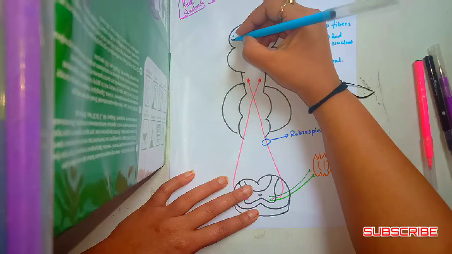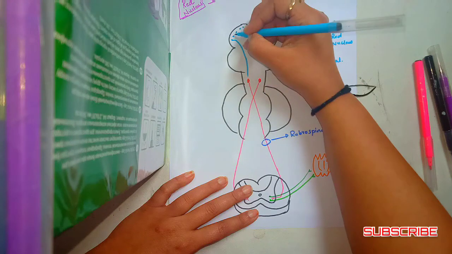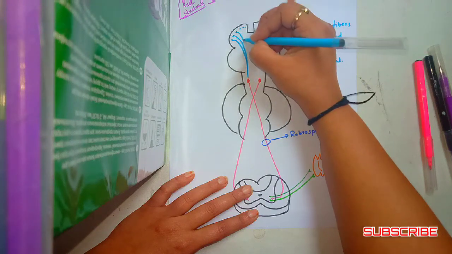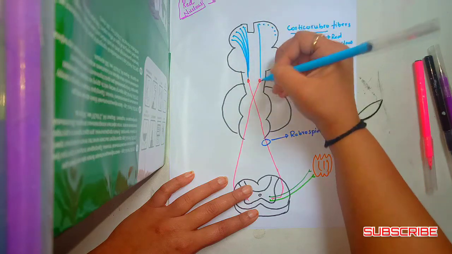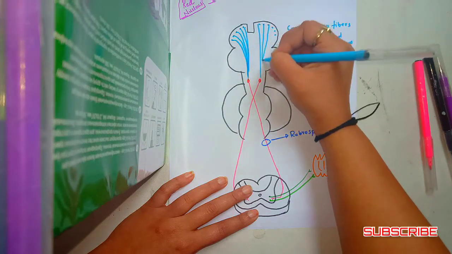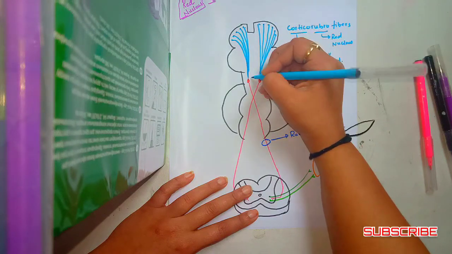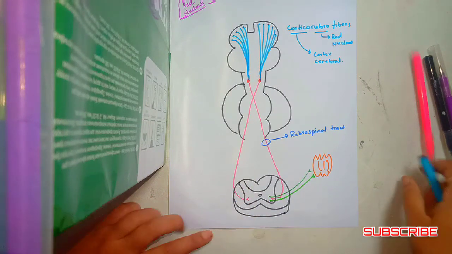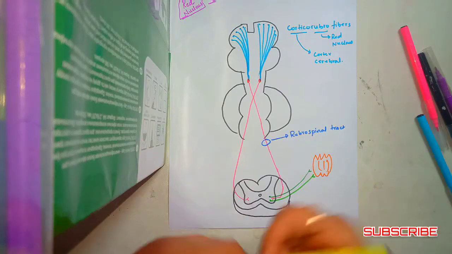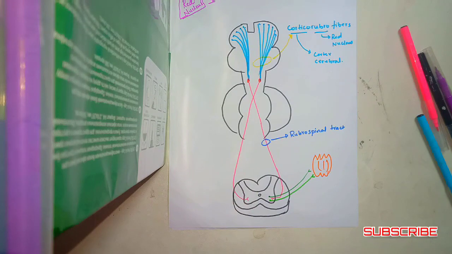Okay, so this fiber coming from the cerebral cortex and stimulate the red nucleus like this. So these fibers are known as cortico-rubro fibers.